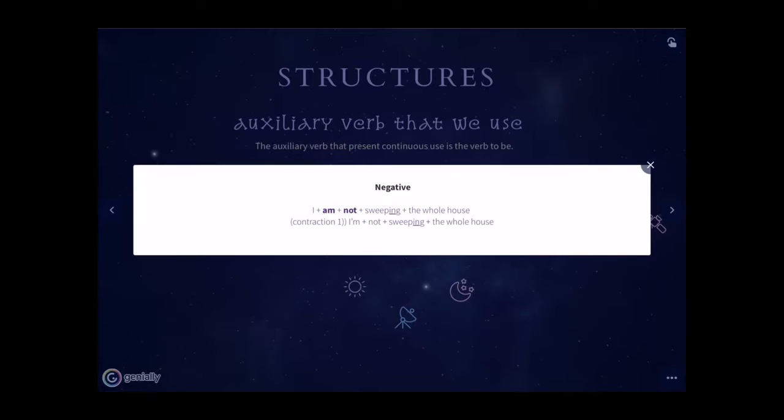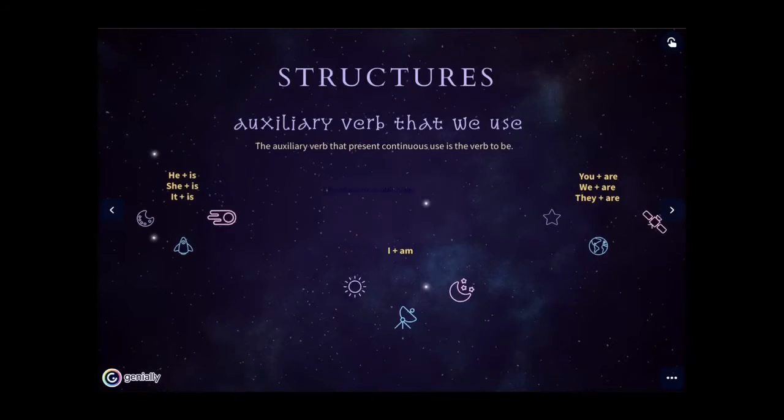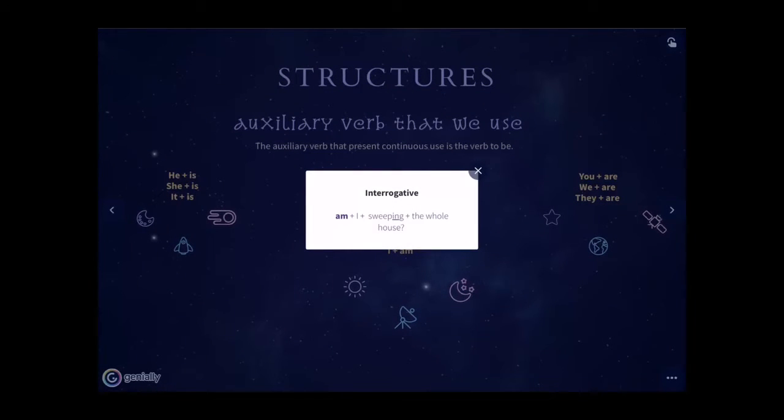Then the auxiliary, then the ing verb, sweeping, the verb that ends in ing. The interrogative sentence with the verb be, am, is: first we again move the verb before the subject.